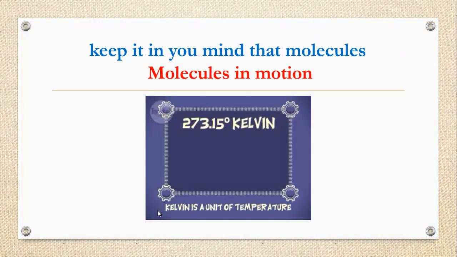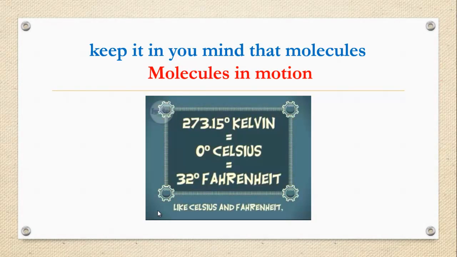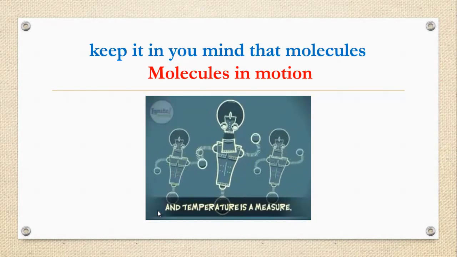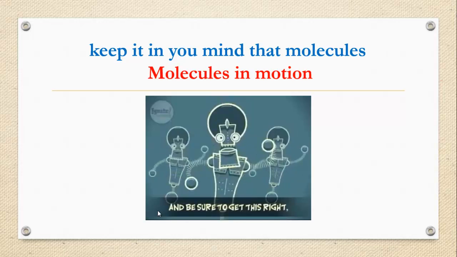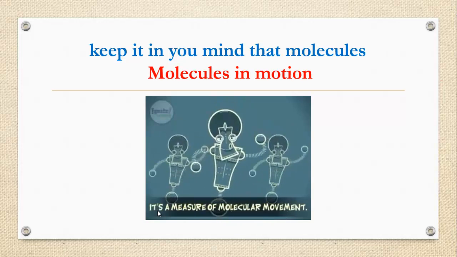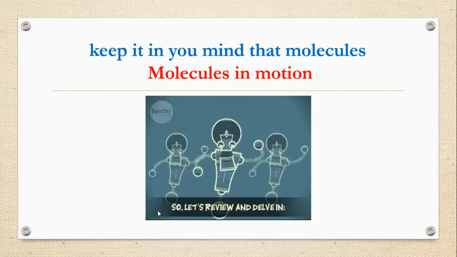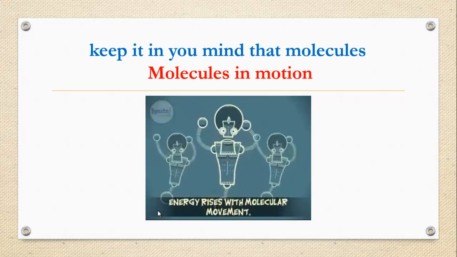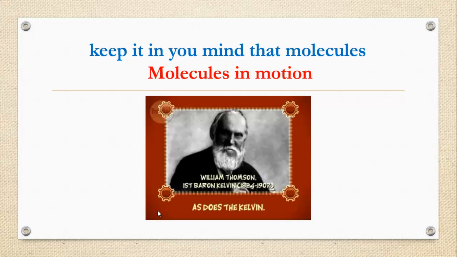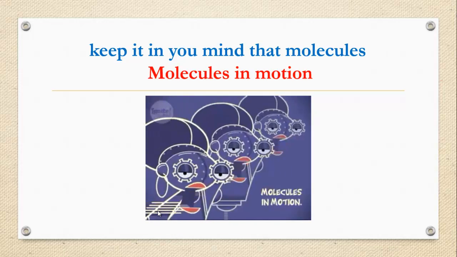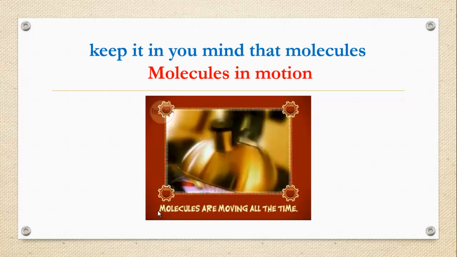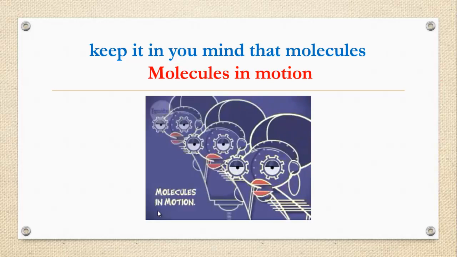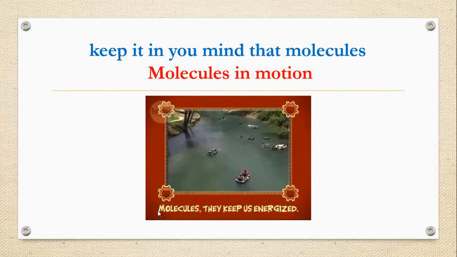Kelvin is a unit of temperature, like Celsius and Fahrenheit. And temperature is a measure, and be sure to get this right, it's a measure of molecular movement. So let's review and delve in. Energy rises with molecular movement, as does the Kelvin. Molecules are moving all the time. Molecules that keep us energized.